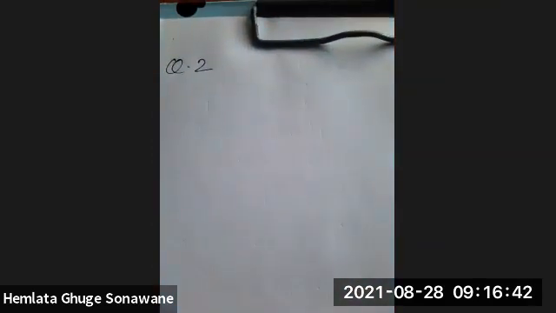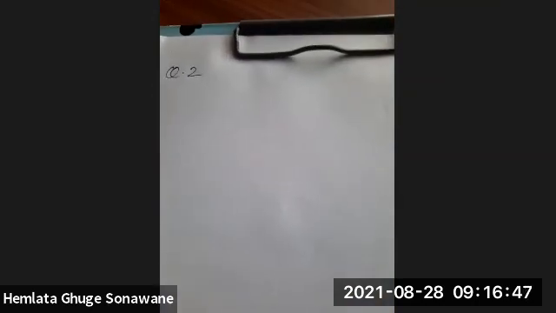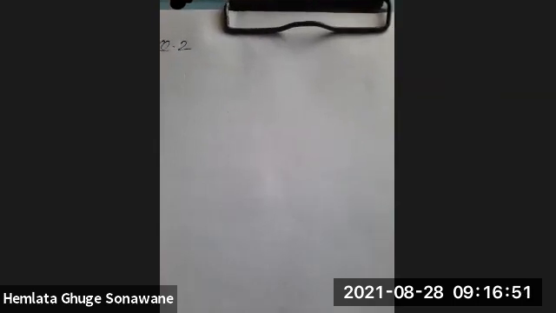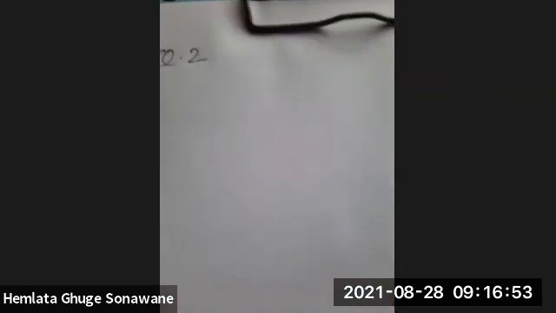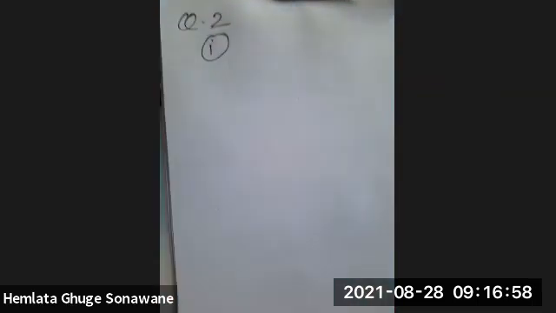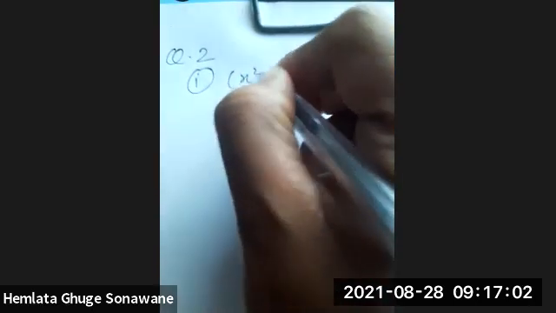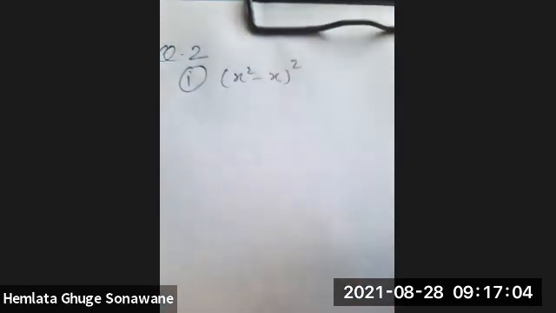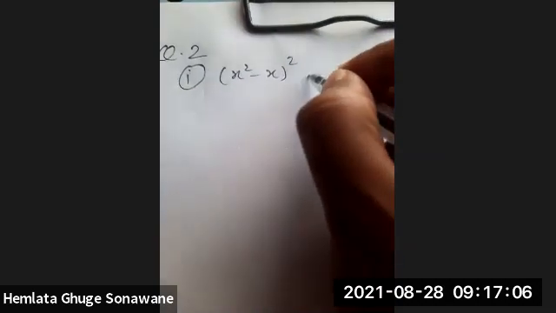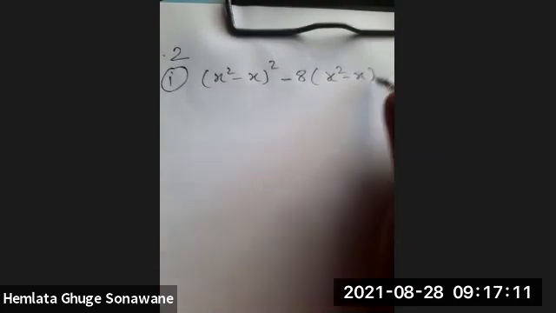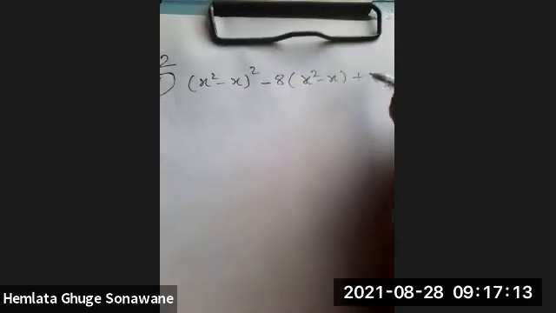Question 2. Factorize the following polynomial. First one is x square minus x bracket square minus 8 x square minus x plus 12.